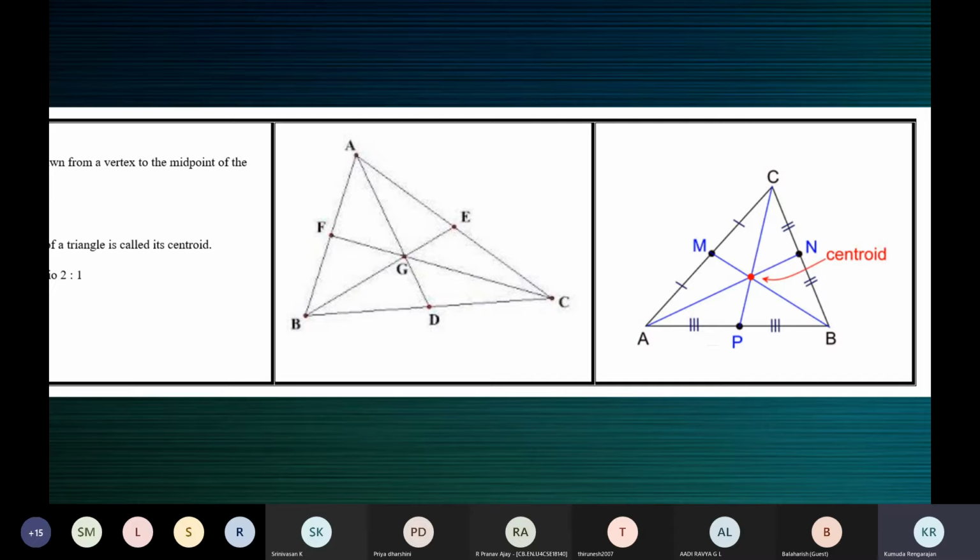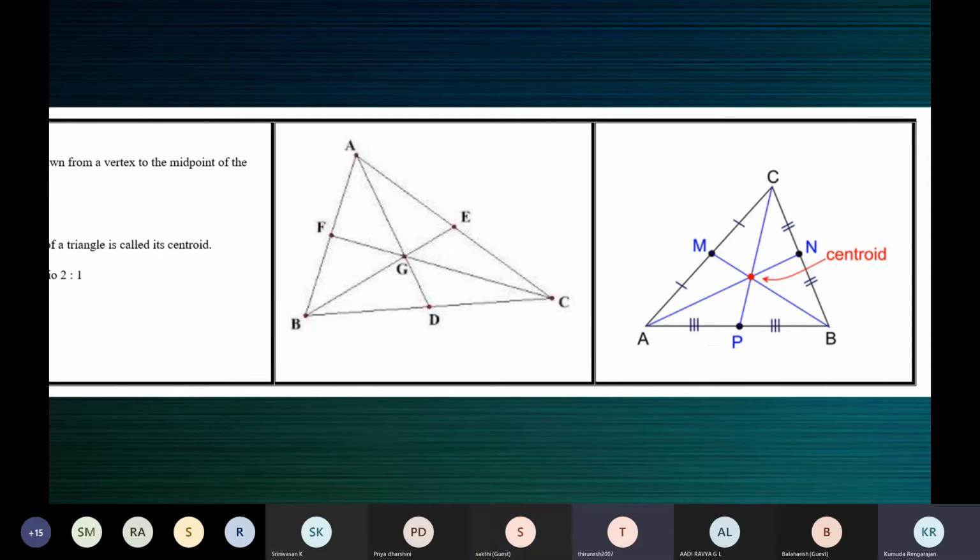You know the address of A, the coordinates of A. You know the coordinates of B. You know the coordinates of C. How will you find the coordinates of P? How do you find the coordinates of N and M? AP square plus BP square. Children, my question is... And by midpoint formula.